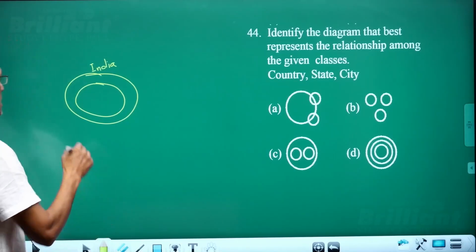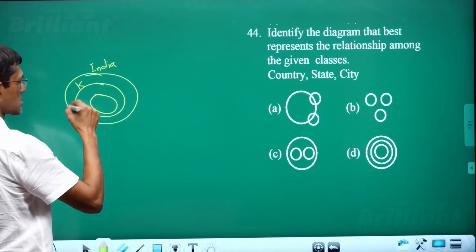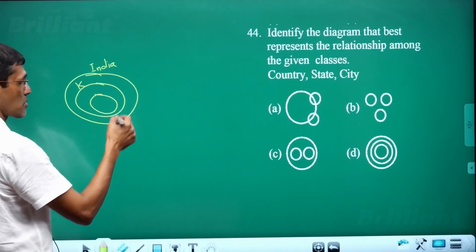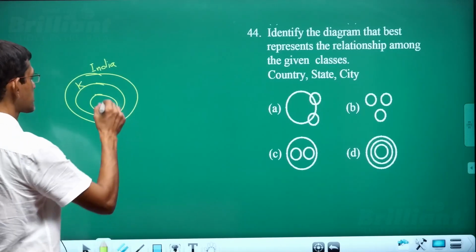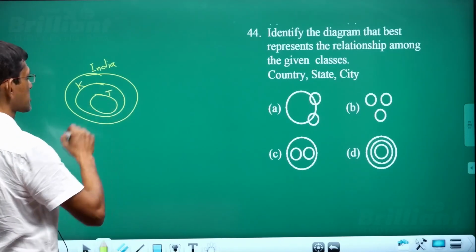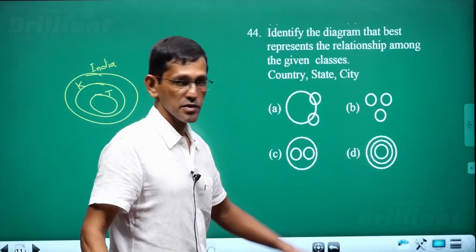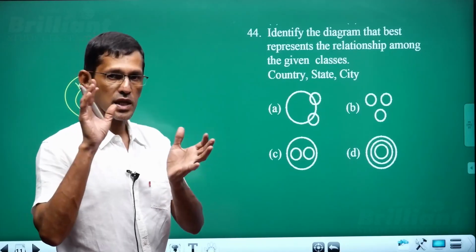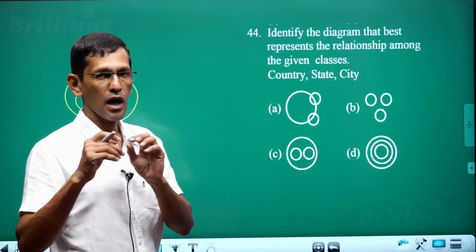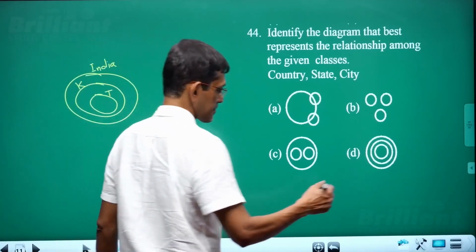Let's say state is Kerala and the city is Ernakulam or Trivandrum or Calicut, doesn't matter. So Trivandrum. Ultimately, what is the diagram? Inside country we have state, so state is a subset of country and city is a subset of state. So that's how it is.